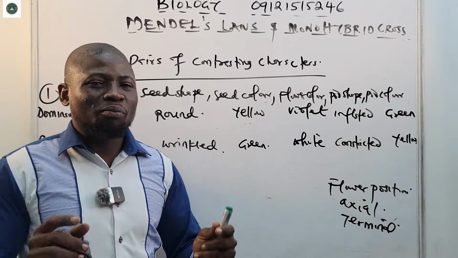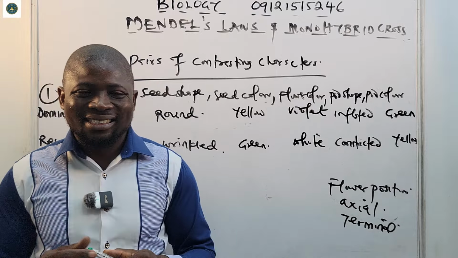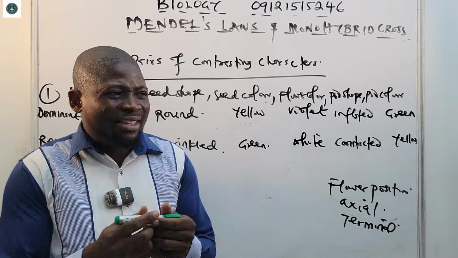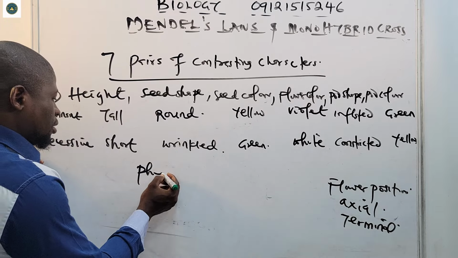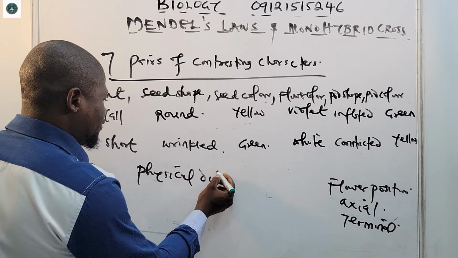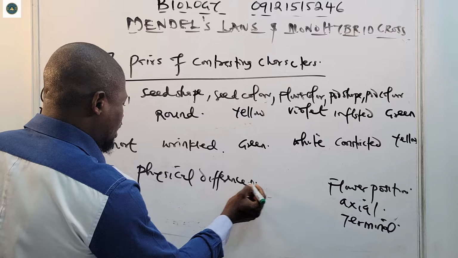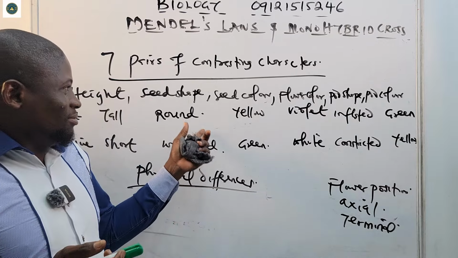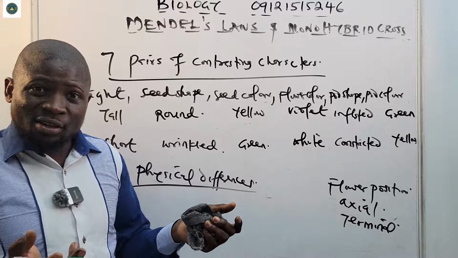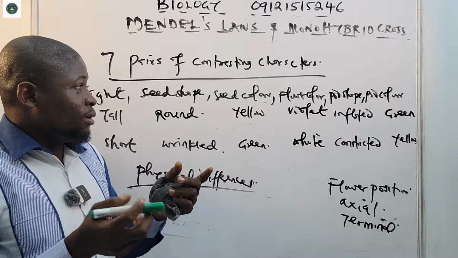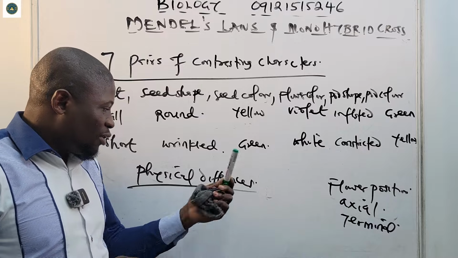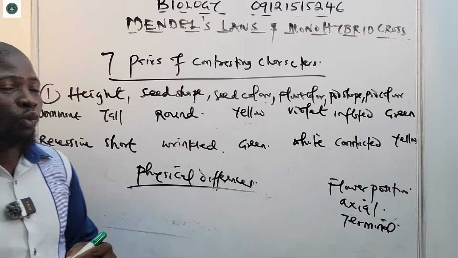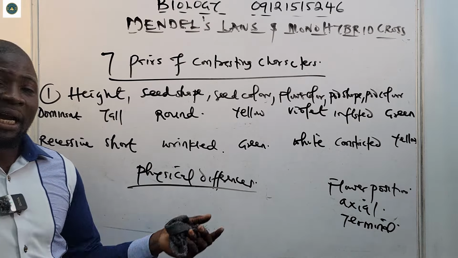It was very easy for Mendel to observe the physical differences present in the pea plant, all these things that you can see with your eyes. So these are some of the reasons why Mendel picked the pea plant.